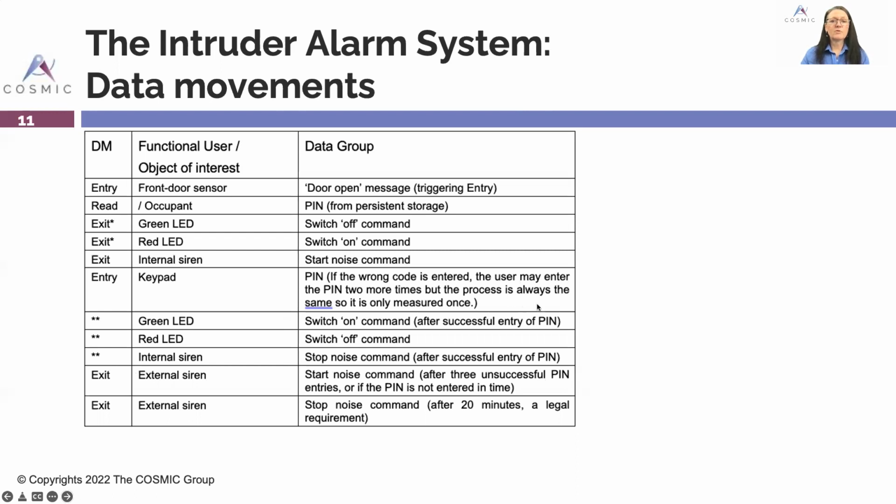On the keypad, the user enters their PIN. Now, if the wrong code is entered, the user may enter the PIN 2 more times, but the process is always the same, so it is only measured once. And then if the successful PIN is entered, the green LED will be switched on and the red LED will be switched off.